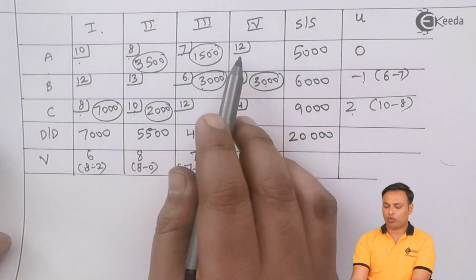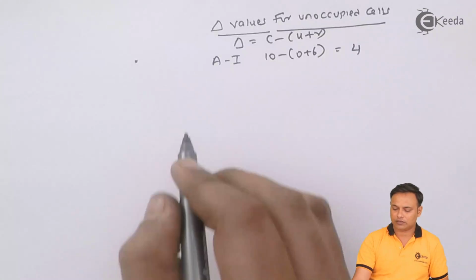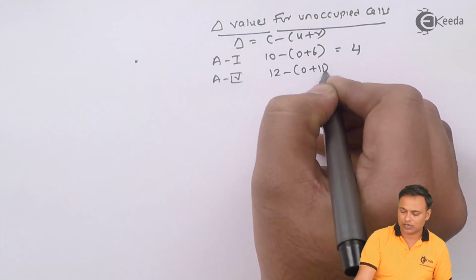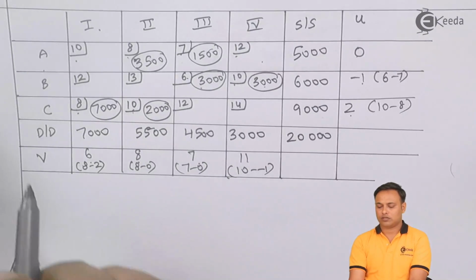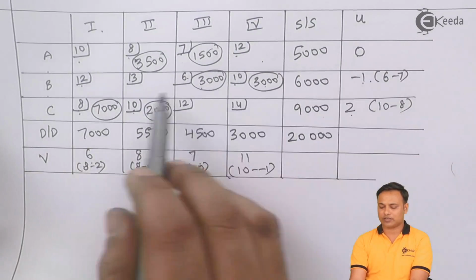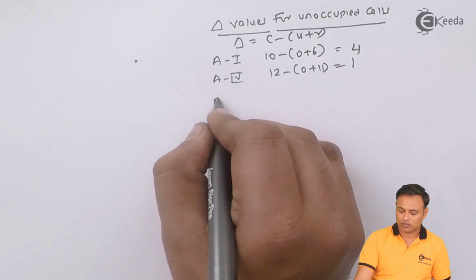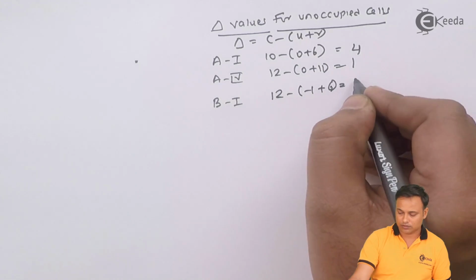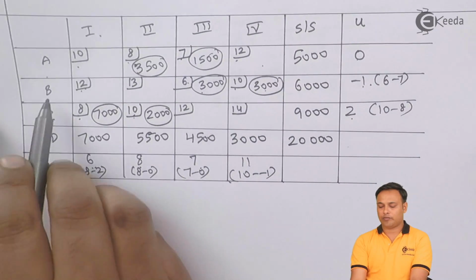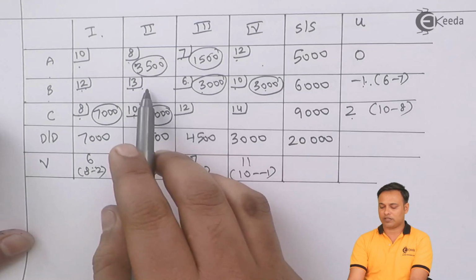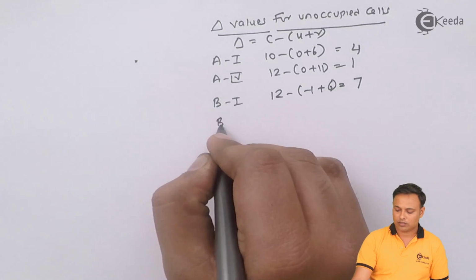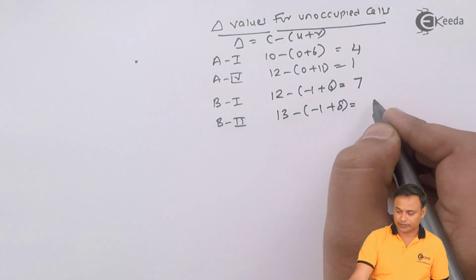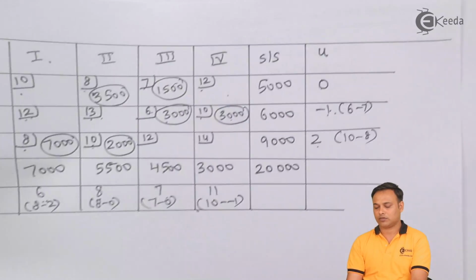Then A4 12 minus 0 plus 11. Then B1 12 minus minus 1 plus 6. Then B2 13 minus minus 1 plus 8, which comes to 6.